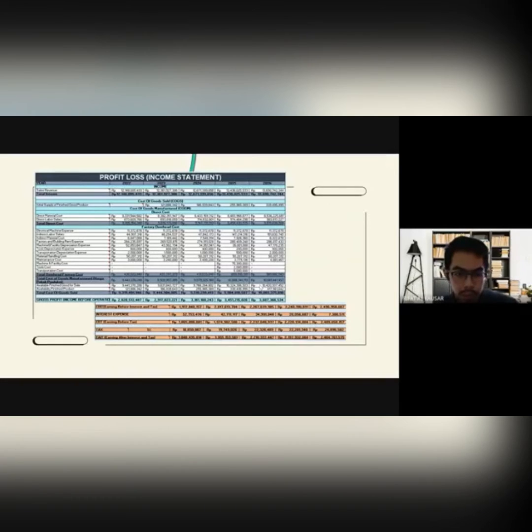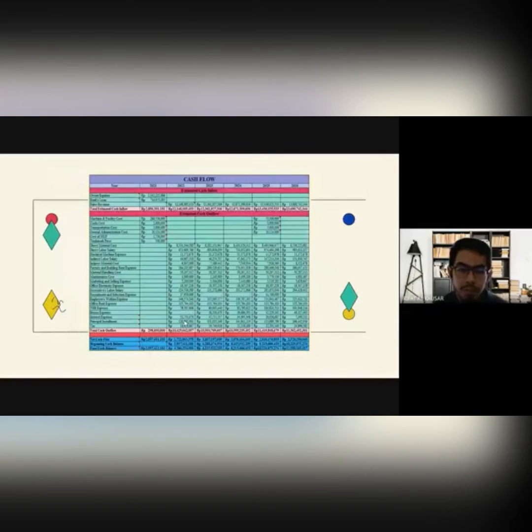And after the interest and tax, our profit in the first year is about 1,846 million, and at the 5th year it is 2,464 million. Next. So this is the cash flow. Okay, next.